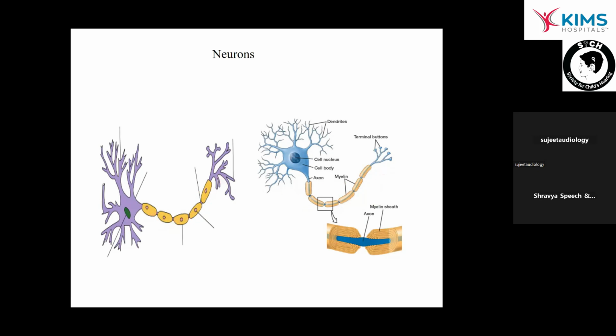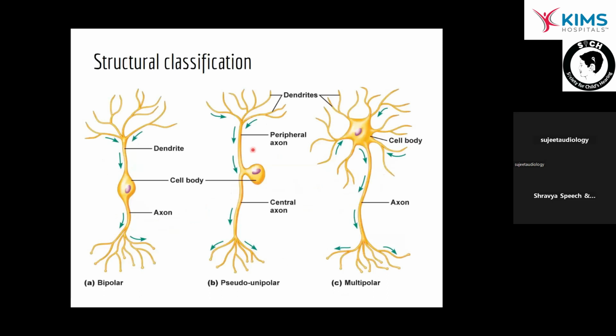Now, the neurons are of different types. In a structural classification, you have bipolar neurons, pseudo unipolar neurons, and multipolar neurons. What you have to understand is, as you go higher up, that is at the central auditory nervous system, you have all multipolar neurons, whereas the auditory neurons are typically bipolar neurons.